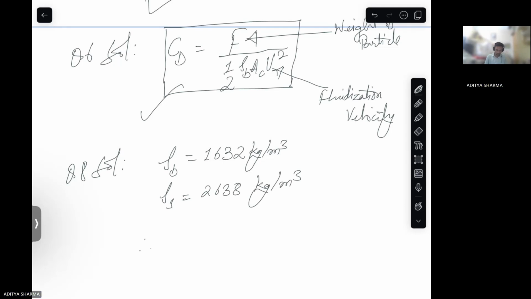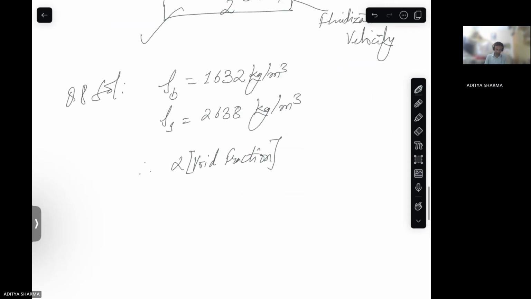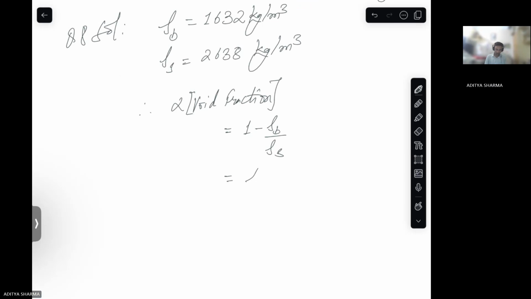So alpha, that is void fraction, is 1 minus rho b by rho s, which is also 2638 minus 1632 divided by 2638.